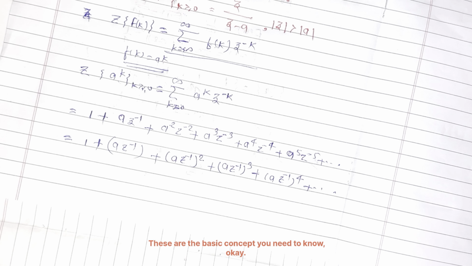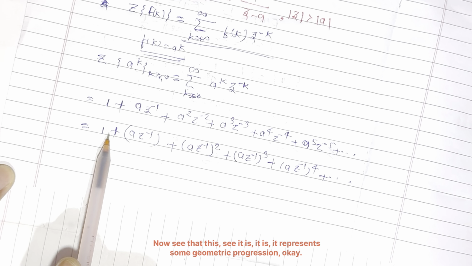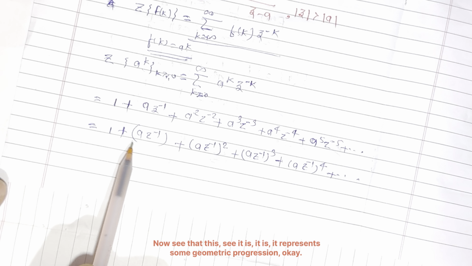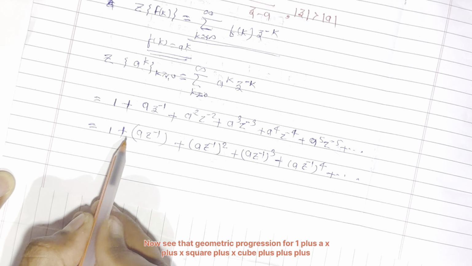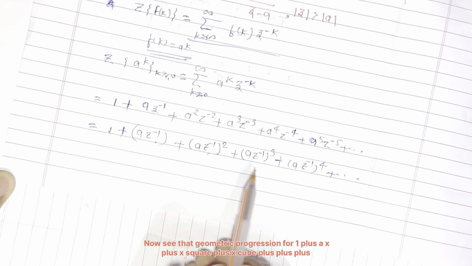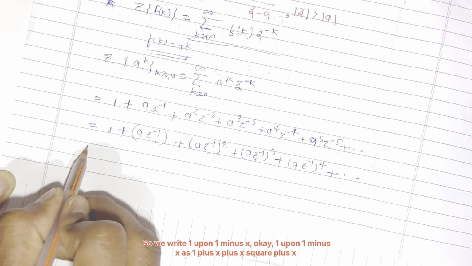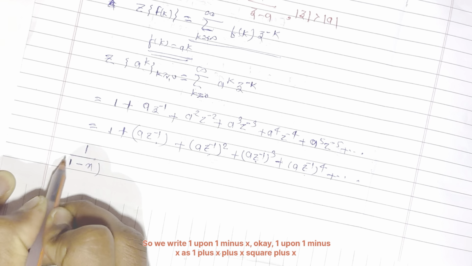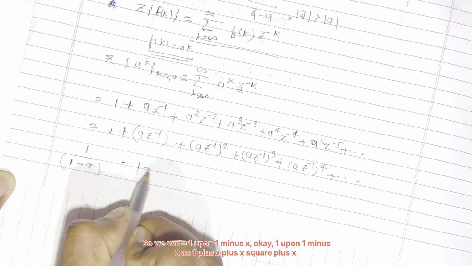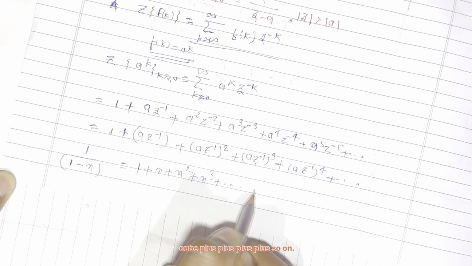Now this series represents a geometric progression. For the geometric progression 1 plus x plus x square plus x cube plus infinitely many terms, we write 1 upon 1 minus x.